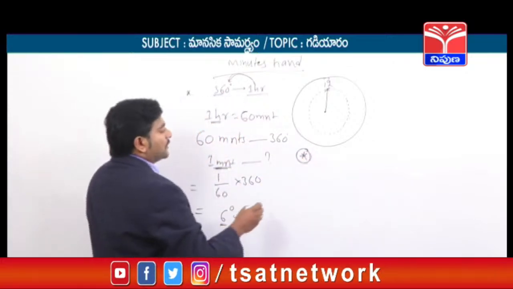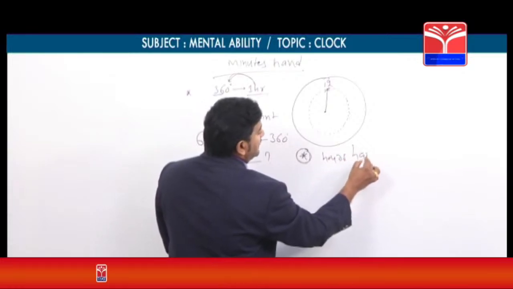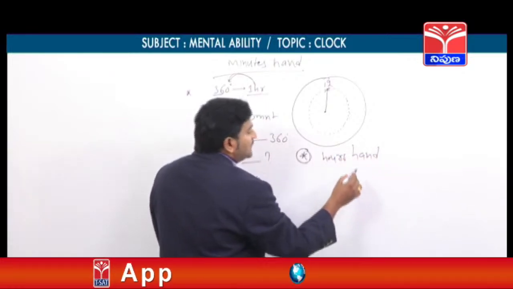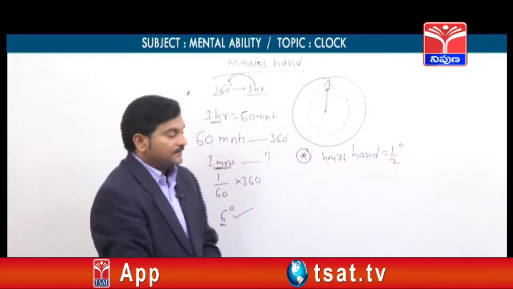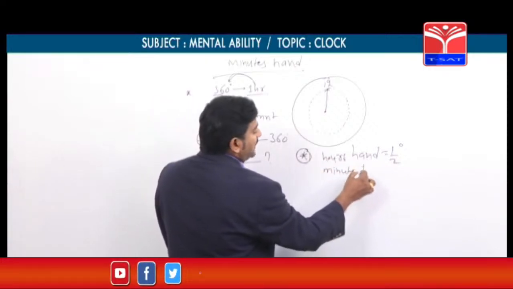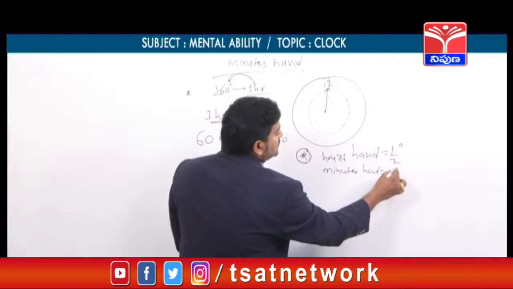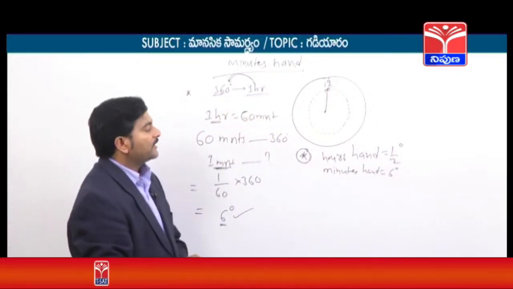If you talk about the hour hand, the hour hand can make half a degree in the span of only 1 minute. Similarly, the minute hand can make 6 degrees in the span of 1 minute. So these are the 2 important points.